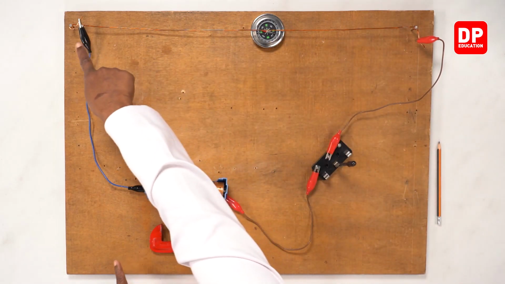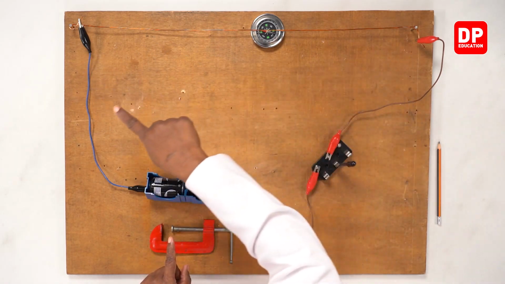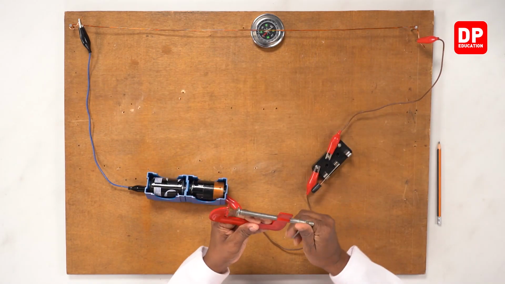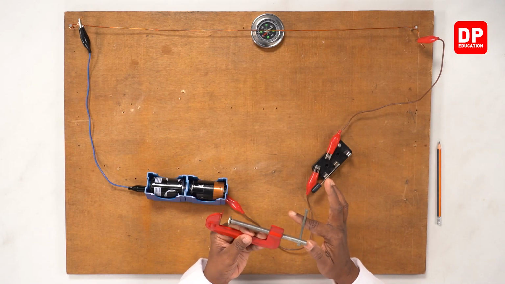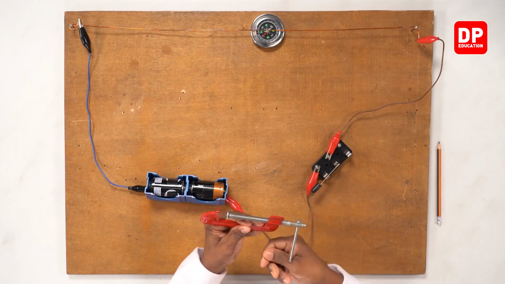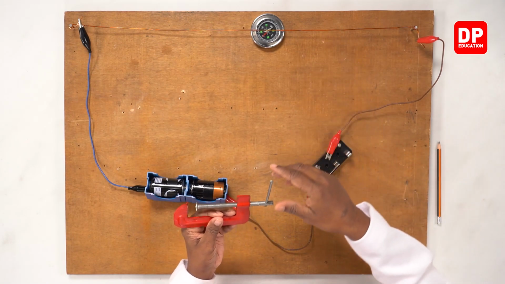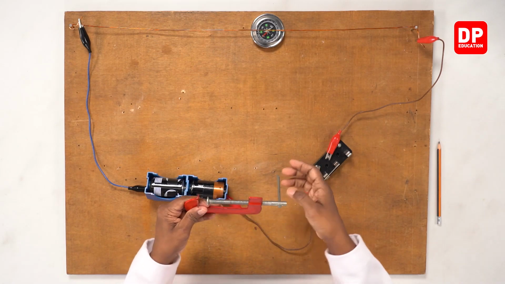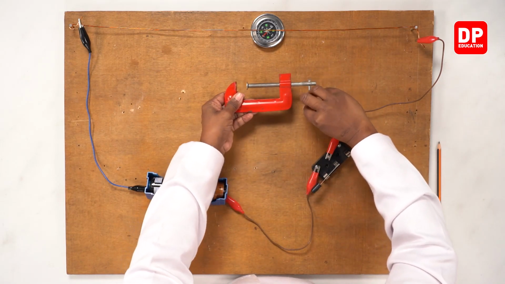Let's observe how the pointer of the compass deflects when I close the switch. Observe the pointer of the compass when I close the switch. Now when I close the switch, you can see the pointer deflects this way. That means the magnetic field is from there to here.